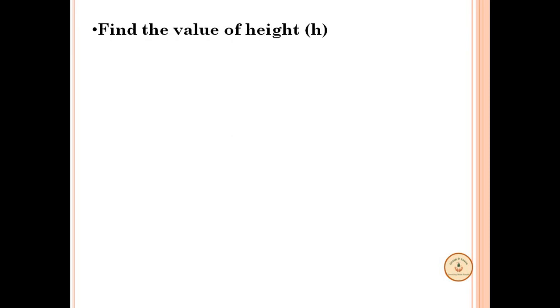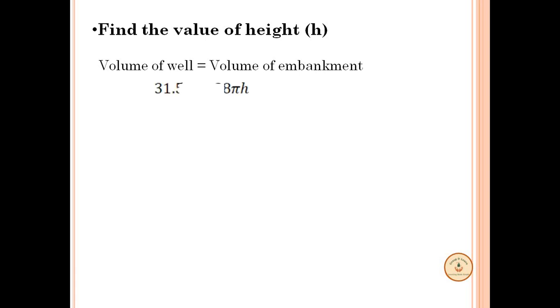Now, as explained earlier, since the soil taken out of the well is used to build the embankment, the volume of well is equal to the volume of embankment because we have the equal amount of soil used. So as calculated earlier, volume of well which was equal to 31.5 pi and volume of embankment which was equal to 28 pi h are both equal.